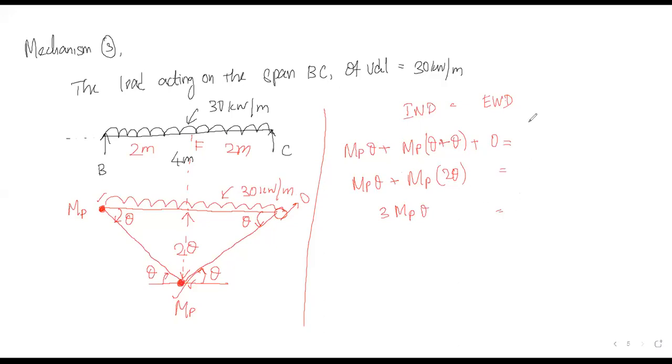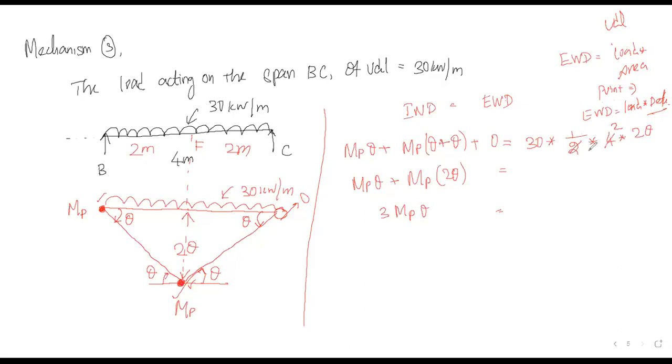Next, right hand side, due to external work. If the external load is UDL, we have to take load into area. So EWD, external work done, is equal to, if it is UDL, then load intensity into area we have to use. If it is point load, then we should go for EWD equal to load into deflection. So now load into area. So load 30 into area, half into breadth 4 meter into height 2 theta.